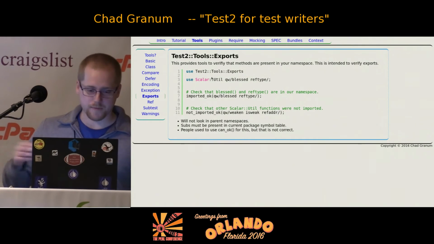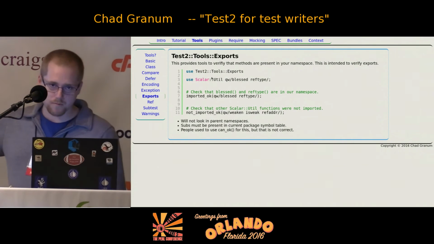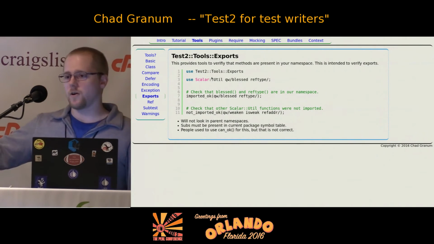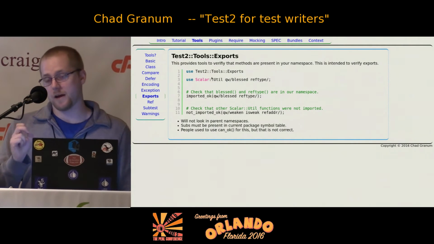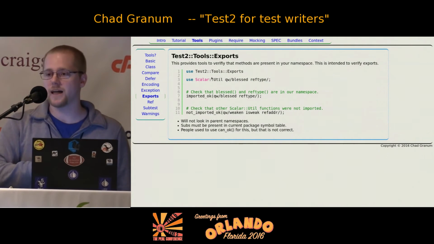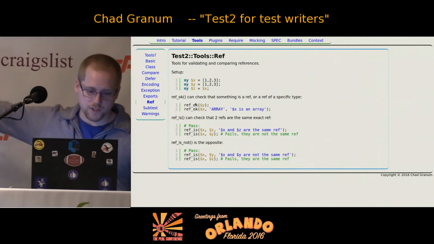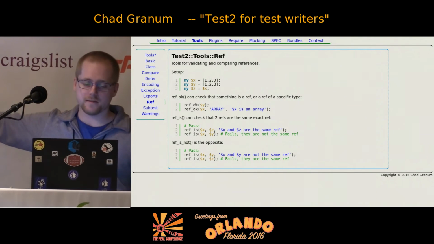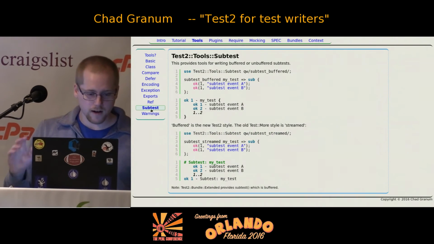And I'm really going to pick up the pace here. There's tools for checking exports. Imported OK and not imported OK. This is different than isOK because the function actually has to be defined in your namespace. It will not look in base classes, which is very important when you're checking imports and exports. Tools for checking refs. You got ref OK, ref is, and ref is not, which I put the wrong example there.